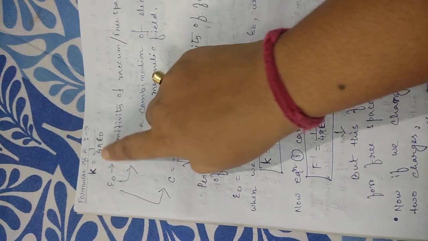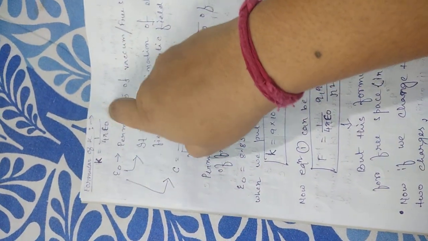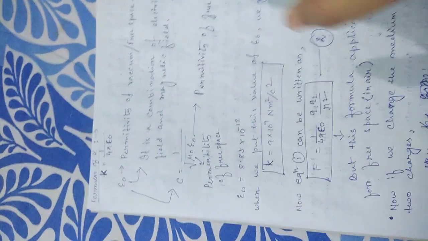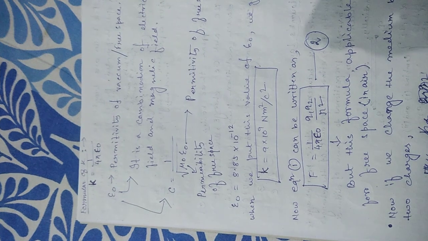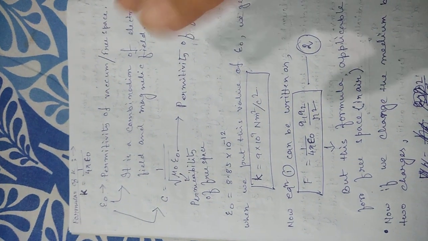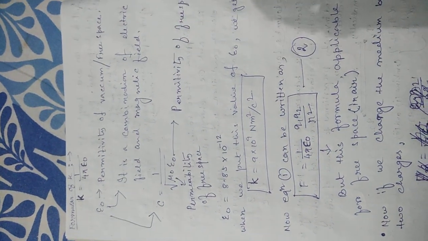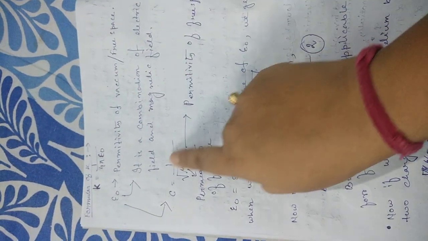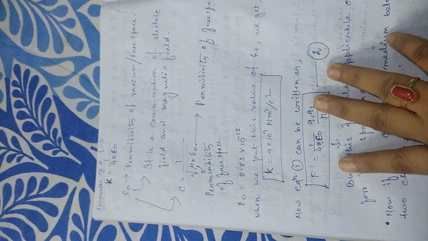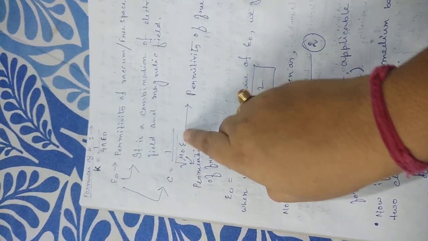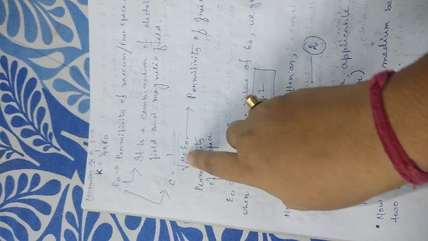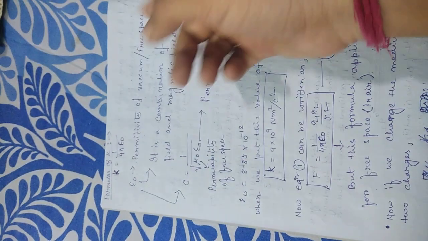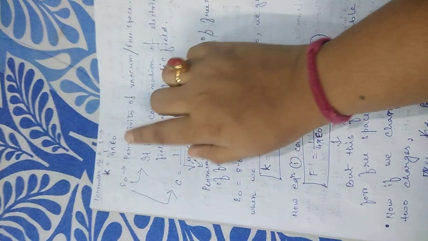Epsilon naught is a combination of electric field and magnetic field. We studied this formula in the magnetism chapter, where it is a combination of permeability and permittivity. Now you just remember it.